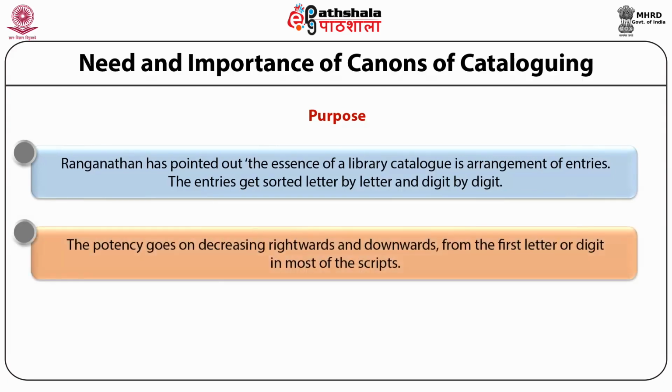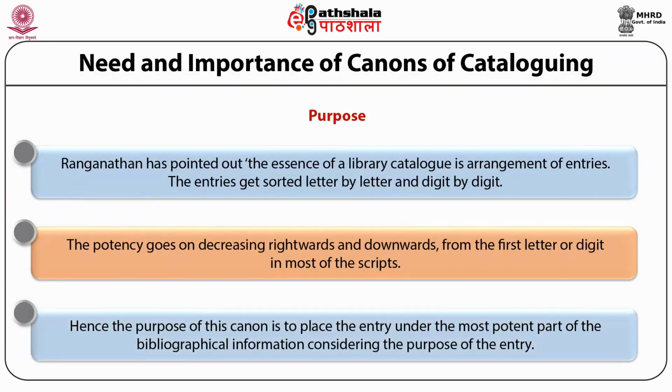The potency goes on decreasing rightwards and downwards from the first letter or digit in most of the scripts. Hence, the purpose of this canon is to place the entry under the most potent part of the bibliographical information, considering the purpose of the entry.